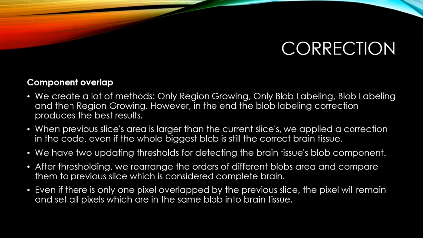Is it inside or covered by the previous slice? Even if there is only 1 pixel overlapped by the previous slice, the pixel will remain and we set all pixels in the same blob as brain tissue. So sometimes the current slice is not overlapped by the previous slice, but we still count it as brain tissue.